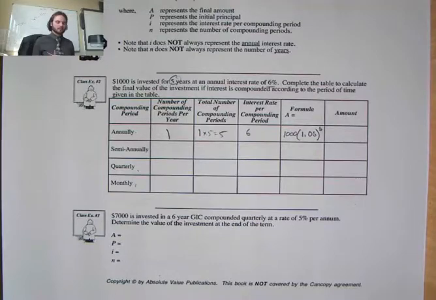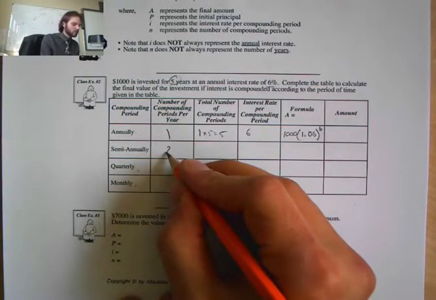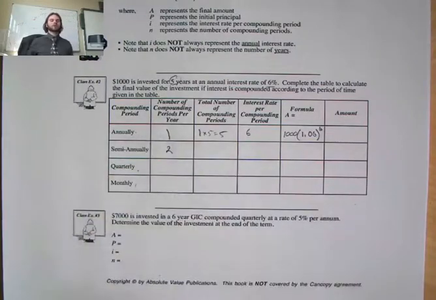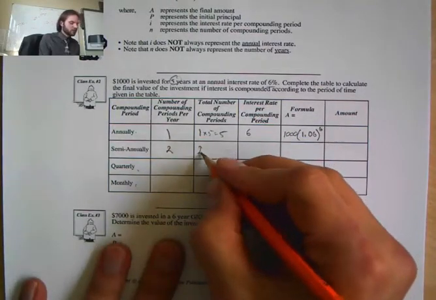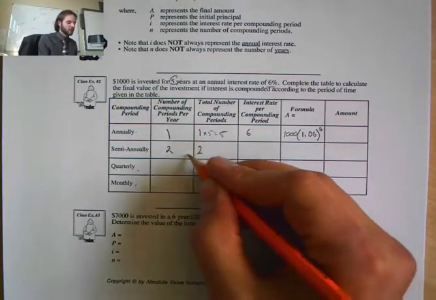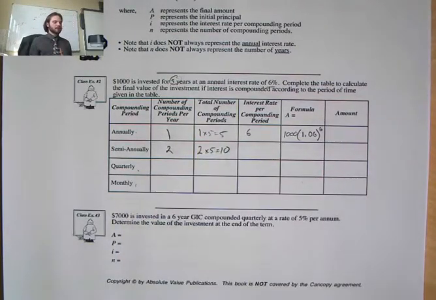Okay? Now, let's take a look at semi-annual. There are 2 compounding periods in semi-annual. Well, what ends up happening here is we have 2 compounding periods, because 2 times per year, we multiply that by 5, it's going to give me 10. Now, how much are we going to be interest?